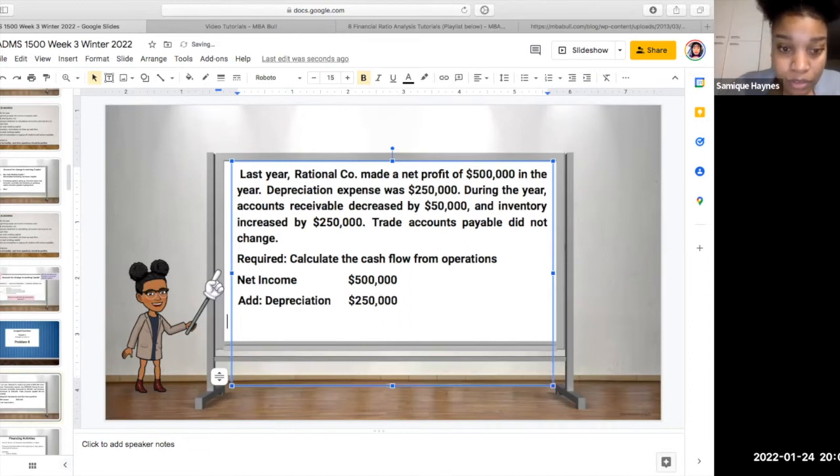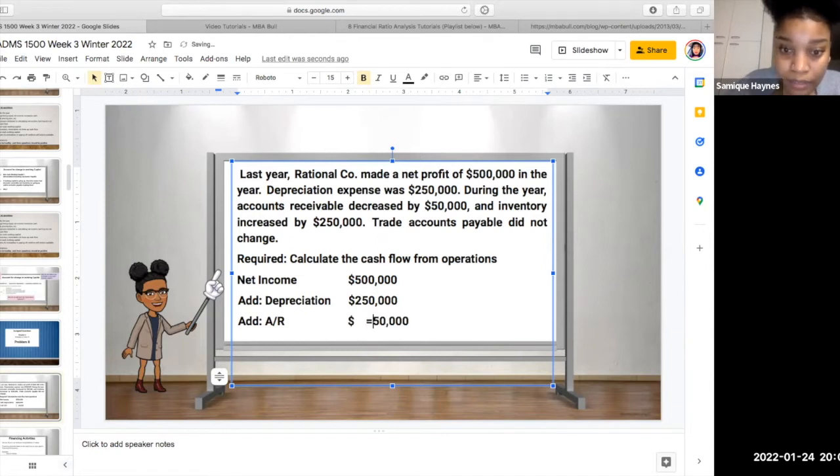And then we said that accounts receivable decreased. So if accounts receivable is going down, what does that mean for the cash? It means that cash is going to go up. So that means we're going to add the accounts receivable of $50,000. Good.